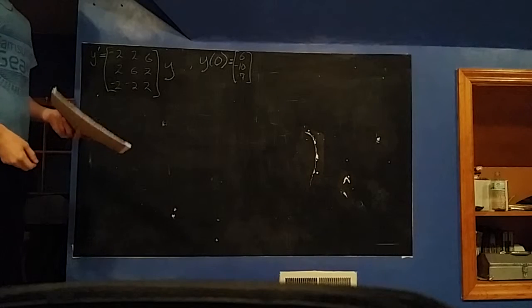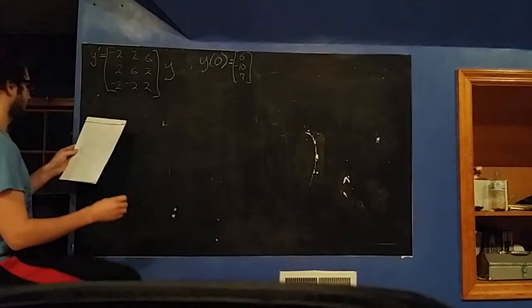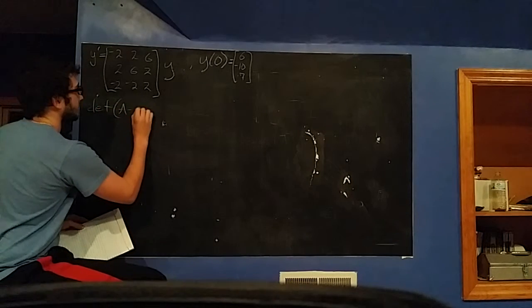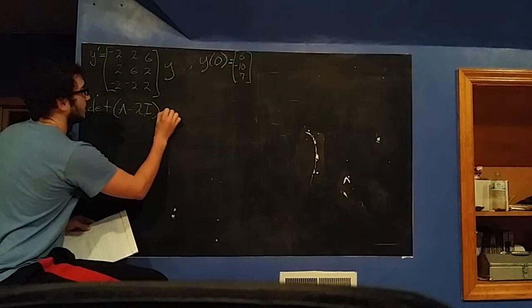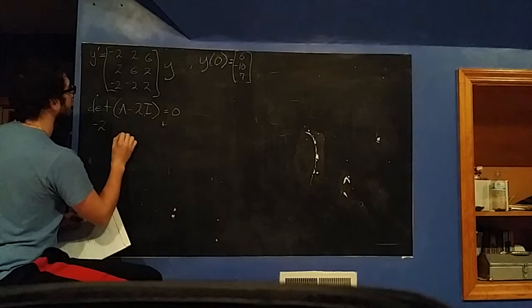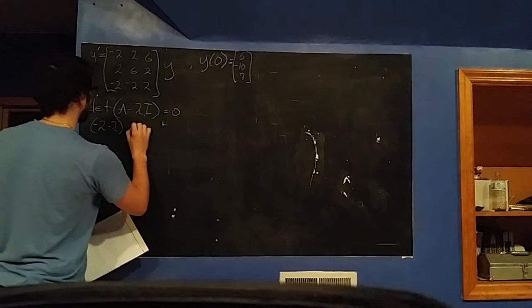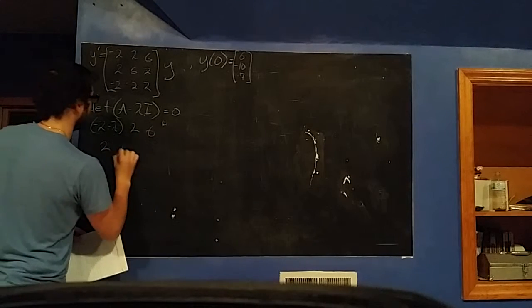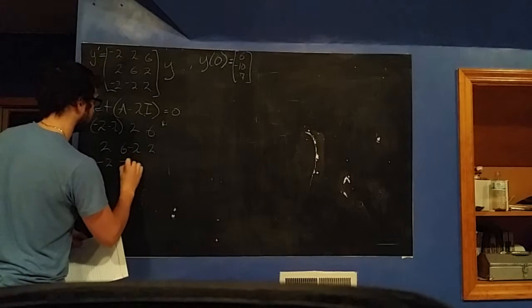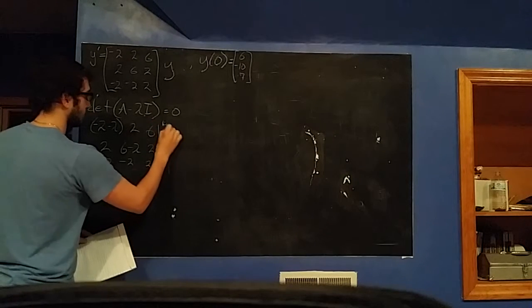First we need to determine some eigenvalues. How we can do that is we take the determinant of A minus lambda I and set it equal to 0. So all we have to do is 2 minus lambda, tracking that lambda through the diagonal: 2, 6 minus lambda, 2, and then negative 2, negative 2, 2, and we set it equal to 0.